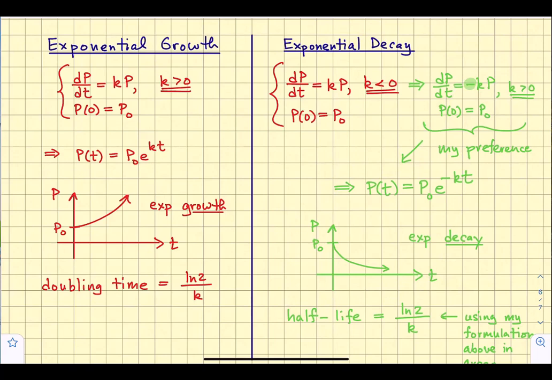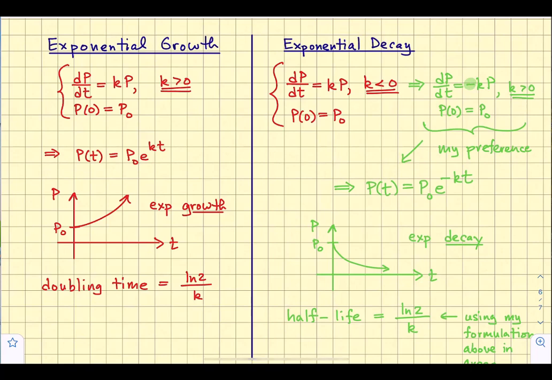I let the whole world know that the number on the front of my P is going to be negative, so I write the negative in my model. There's a minus here, and then my k is positive, which makes the total number negative. What's important is that the number on the front of P is negative. Notice this accomplishes that, and this accomplishes that. It's just two different ways to write it.